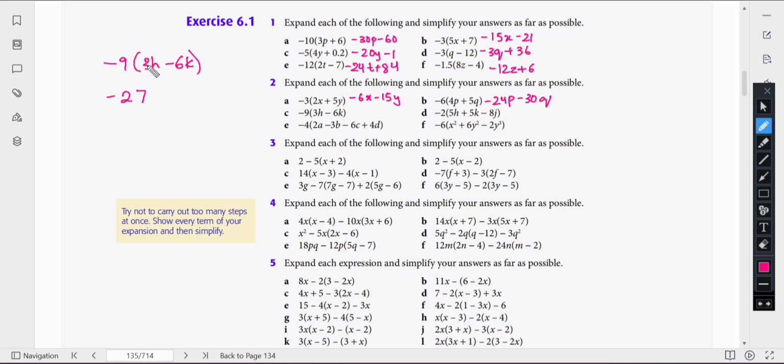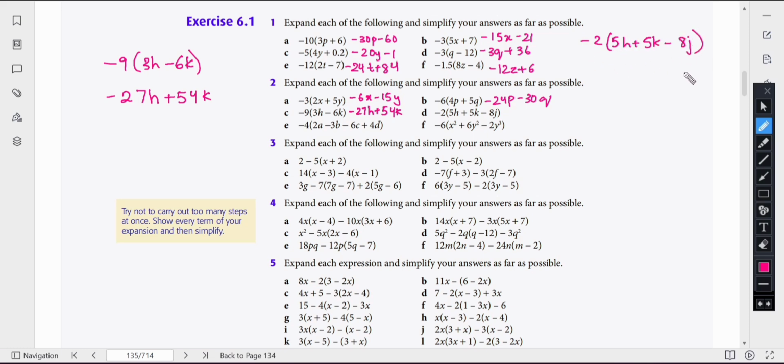So -9 multiplied by 3 will be -27h, -9 multiplied by -6k will become +9 into 6 is 54k. So answer will be -27h plus 54k. For D part, -2(5h plus 5k minus 8j).